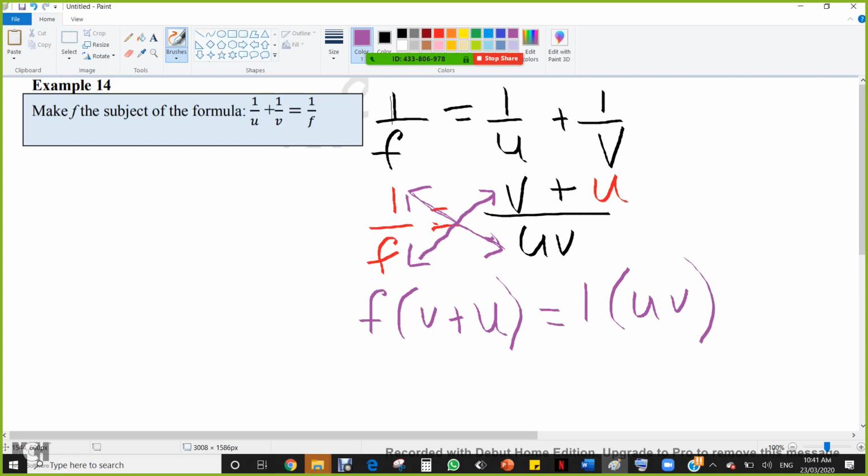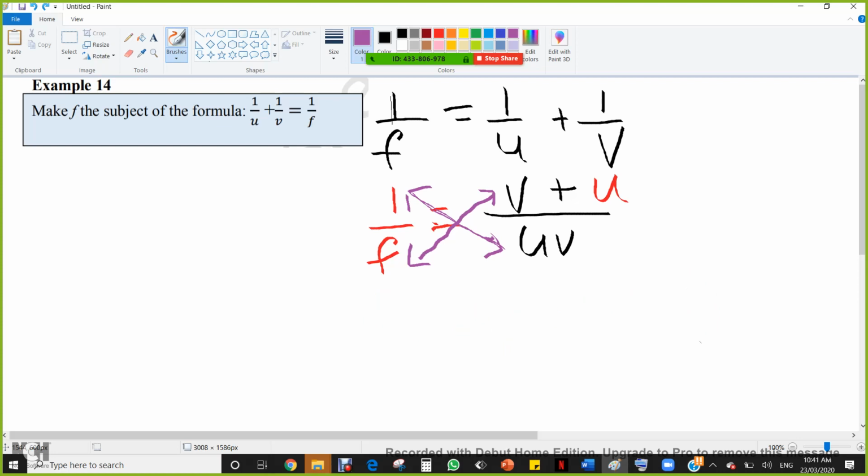So you can do that over, please. Wait, so how come you don't put the f by u plus v over uv? What are you talking about? Okay, let me just re-explain for the sake of Tom. Tom, you understand where the cross multiplication is there, right? You understand up to there? Okay, great.